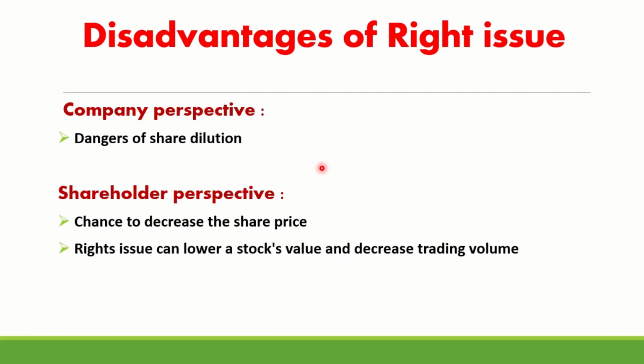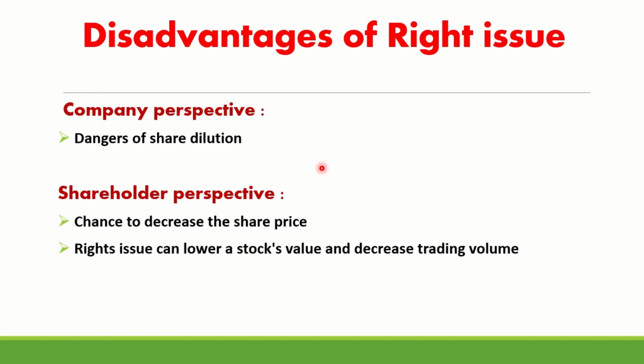The company thinks to distribute a certain number of shares, but if all the shareholders do not buy, whatever amount they are thinking of, they will not get back. So it is one of the dangers of share dilution. From the perspective of the company, they will not get back that money.